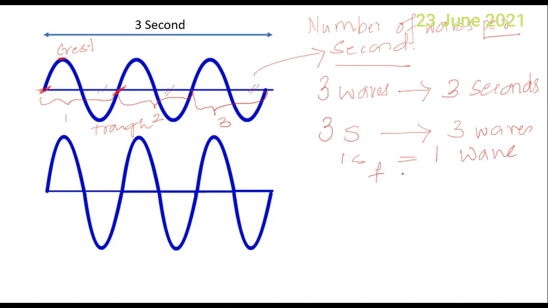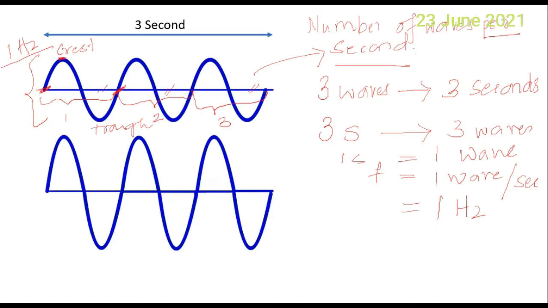So frequency is one wave per second, or we call it 1 hertz. So frequency of this particular wave is 1 hertz. Keep this in mind.